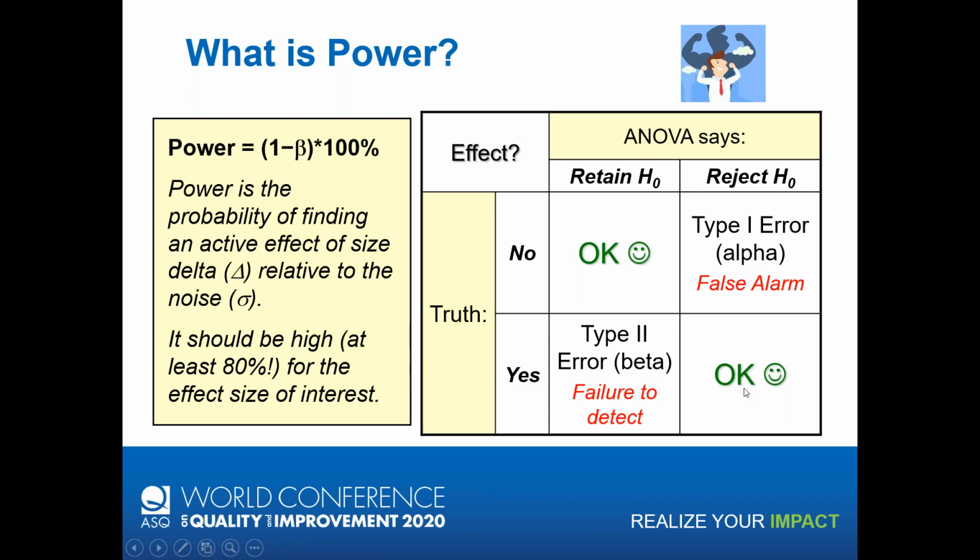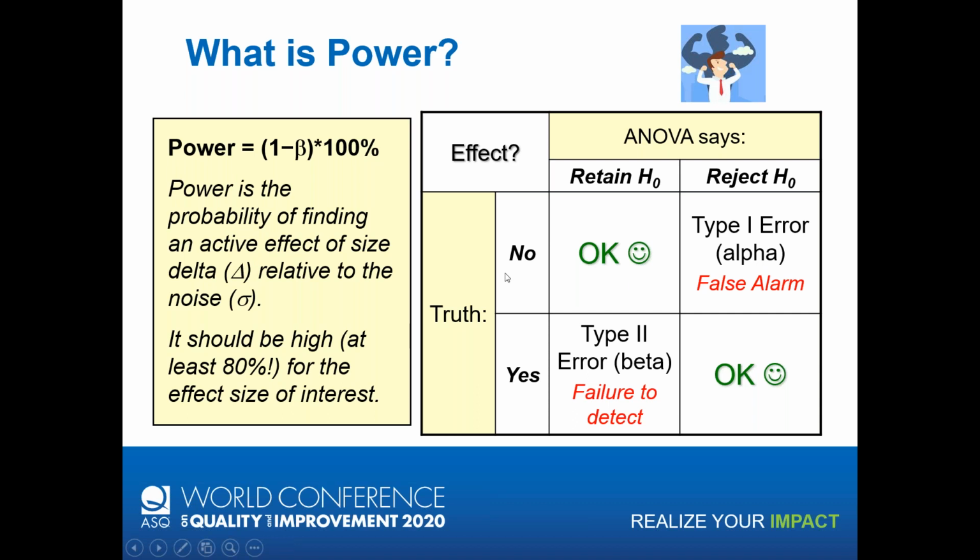That gives us pride in our work, that yay, we did a design of experiment and we found some significant factor effects. Sometimes the ANOVA tells us, hey, reject the null hypothesis. There's something here, and yet the p-value is maybe just right at 0.05, or maybe it's a little bit smaller, 0.03 or something like that.